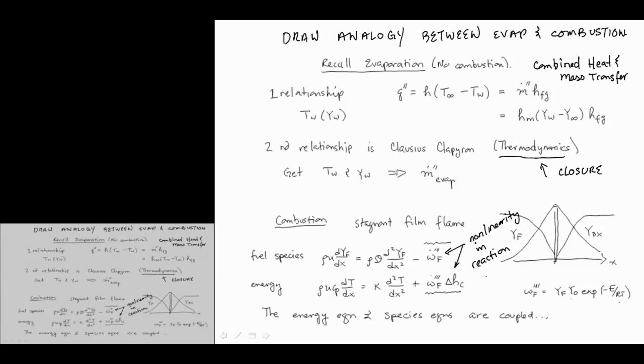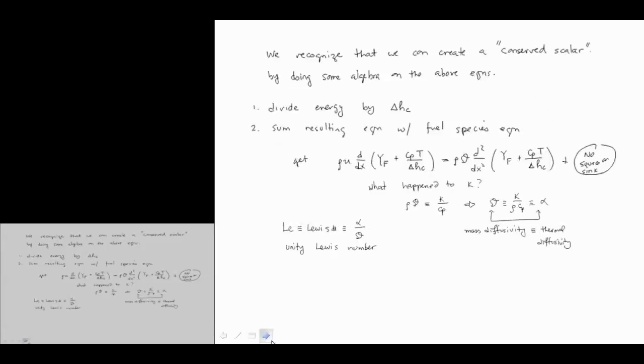And one can identify, and the theory evolves in that the energy equation and species equations are coupled, and that we can actually create things called conserved scalars. We can develop scalar variables that are conserved, and conserved in the sense that there are no source or sink terms. So a conserved scalar is a scalar variable with no source or sink.